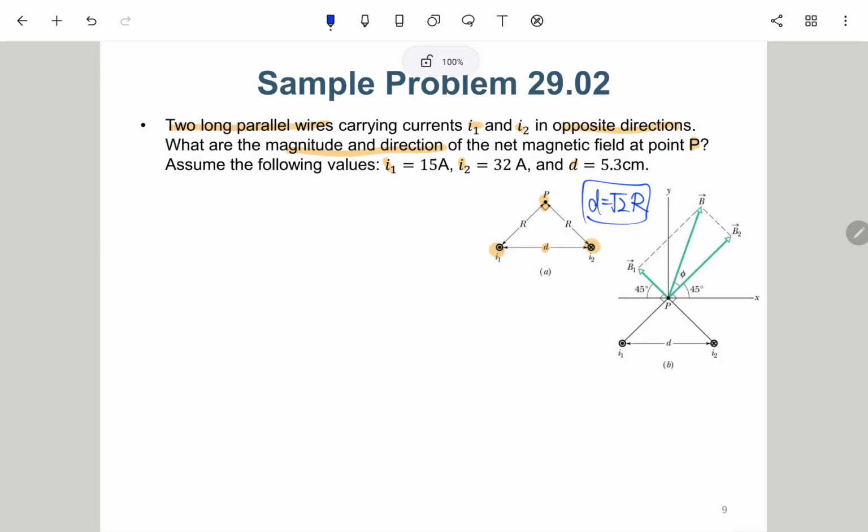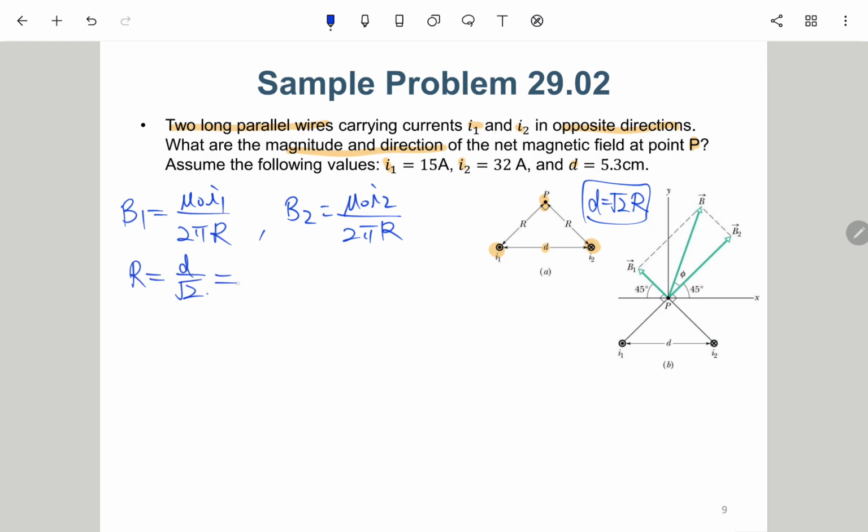Okay, so these are two long parallel wires. So we can use B1 to be mu 0 I1 over 2 pi R, and then B2 to be mu 0 I2 over 2 pi R. Here we have r equals d over square root of 2, which is 5.3 over square root of 2, which is 3.75 centimeter.